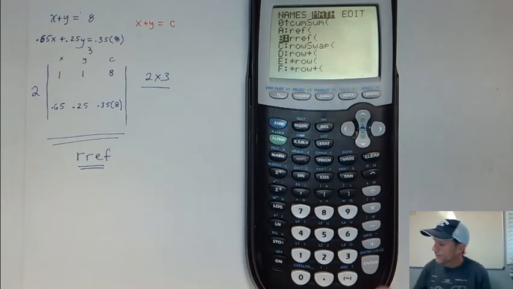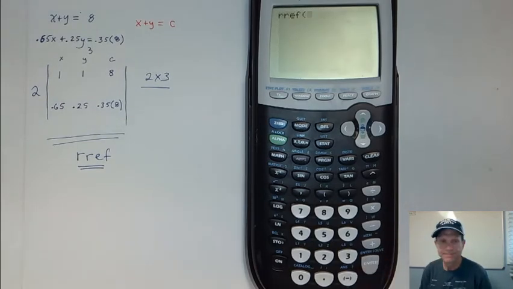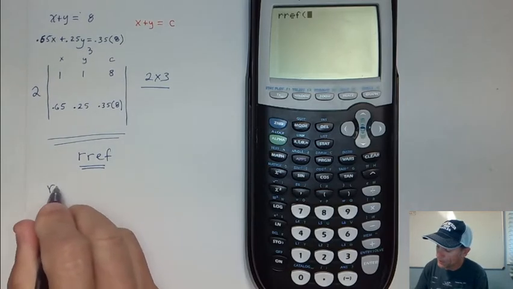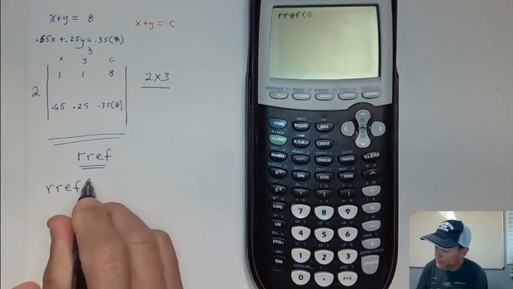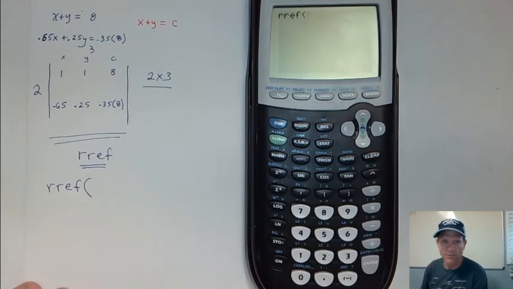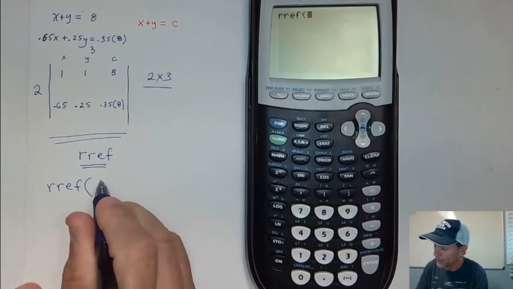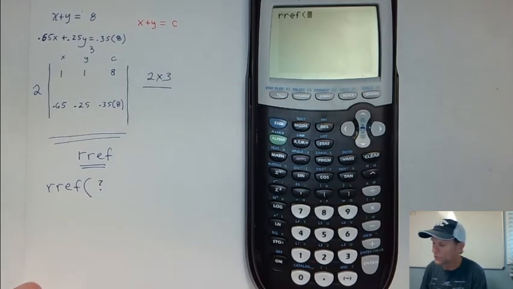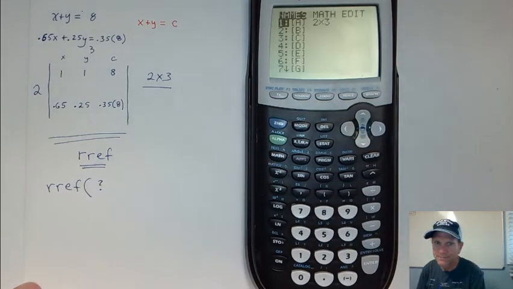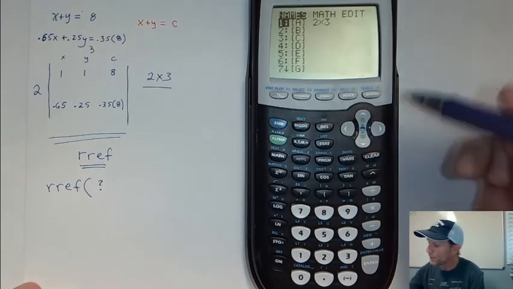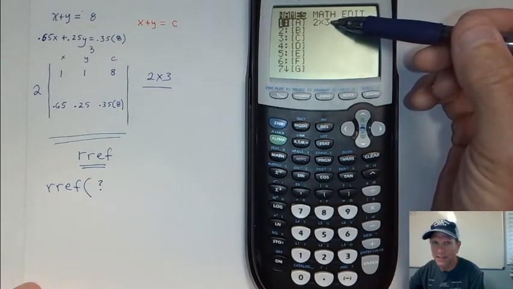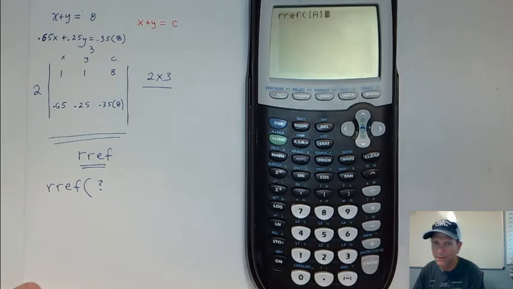Once I find rref, I'm going to hit enter. And right now the calculator is going to be confused because it doesn't know what to perform this operation on, okay? And what I need to do is go back into matrix. So I'm going to hit second and matrix. And I know I put my data in matrix A, so I'm going to hit enter.